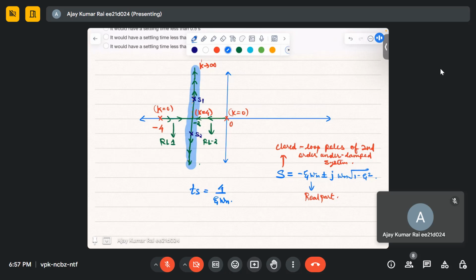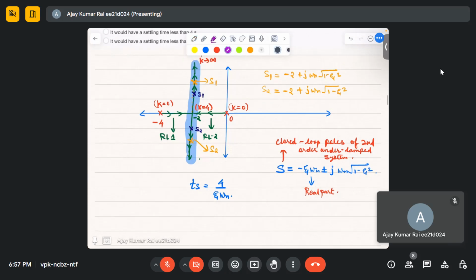I'll choose this value s1, and let me choose s2. Its real part is always minus 2, correct? For s2 also, plus j, some imaginary value based on omega n root of 1 minus zeta square.